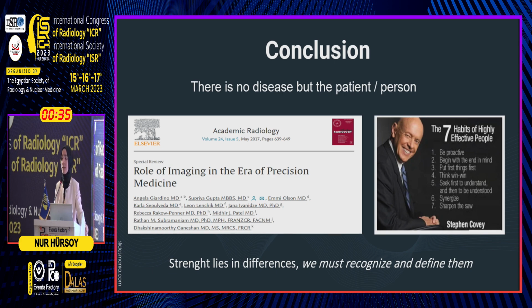And I think that not only radiomics, radiogenomics, or biological or environmental factors, but also variations must be an essential component of precision medicine. And as Stephen Covey says, strength lies in differences. And I want to add this part: we must recognize and define them.